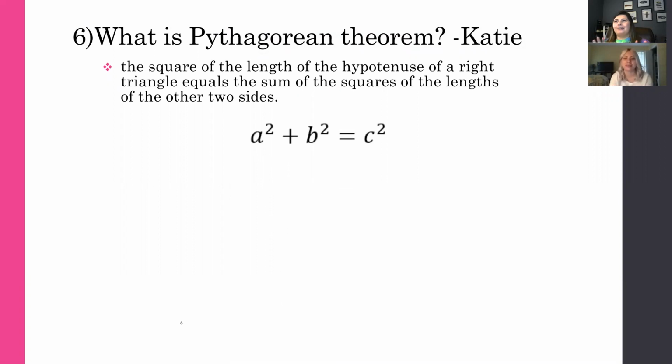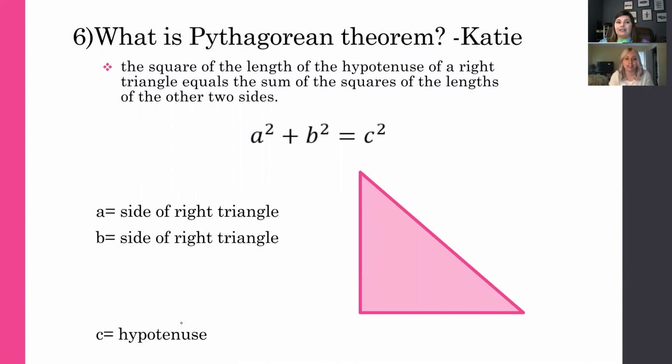Yeah, so let me try my best to break it down. So again, here's the formula. Forgetting what we just read, a squared plus b squared equals c squared. That's the Pythagorean theorem. A is going to equal the side of a right triangle, then B is going to equal the other side of the right triangle, and C would equal the hypotenuse.